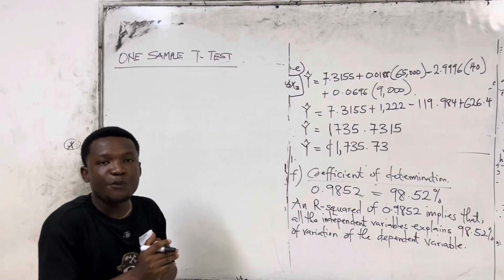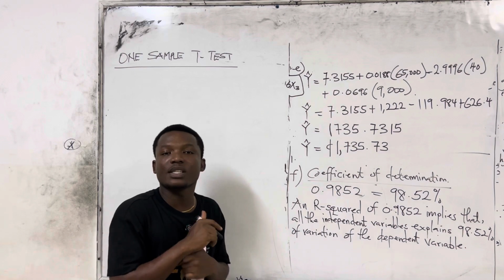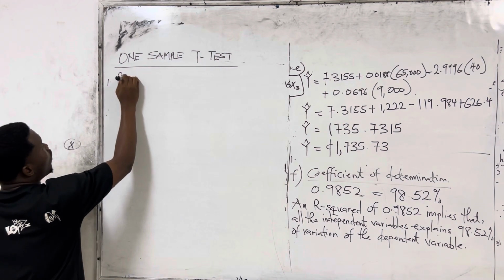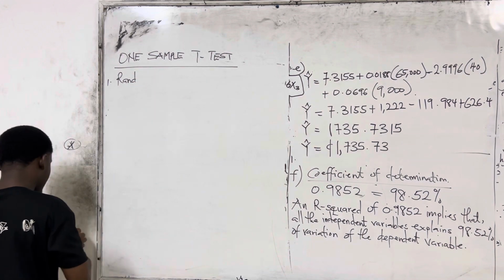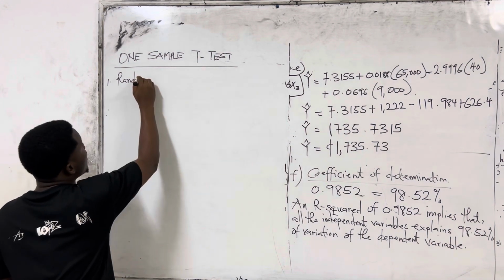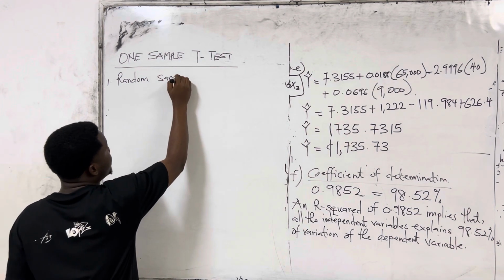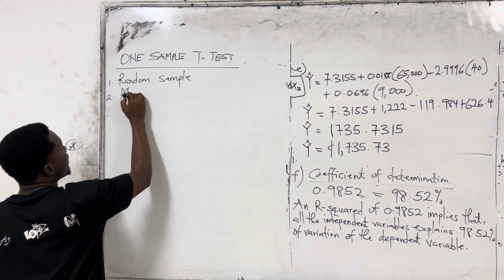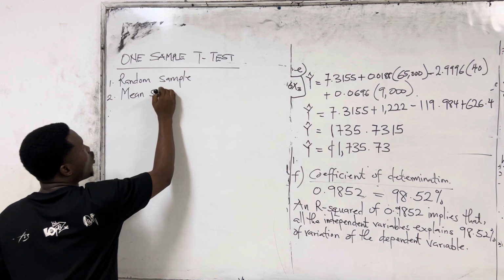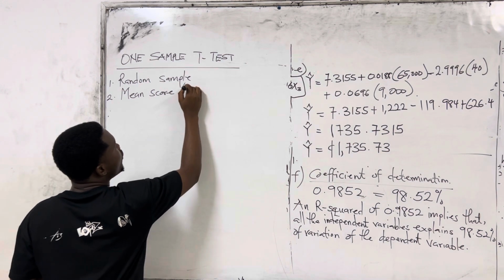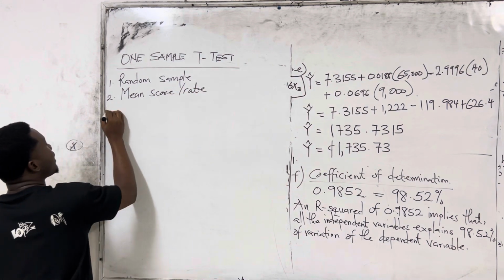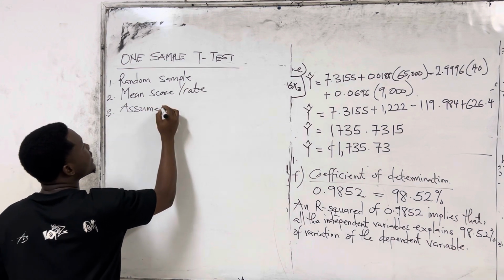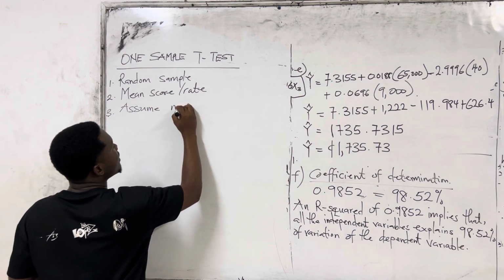The first is a random sample. Two, we have the mean score or mean rate. And three, we have assumed normality.